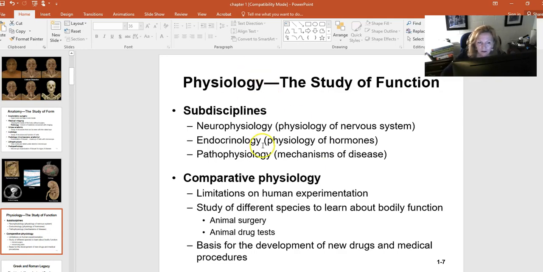So we do have lots of subspecialties within medicine, and that is a wonderful thing since there's been such an explosion in understanding human anatomy and physiology just in the last few decades, and so much new information is coming out every day.